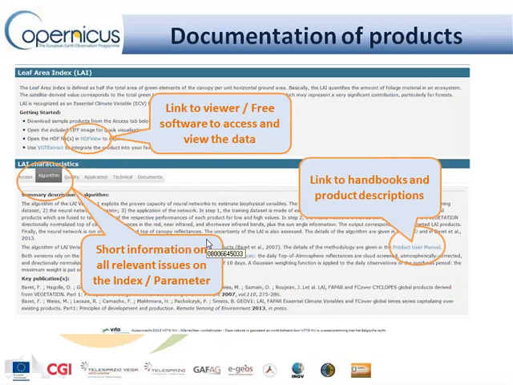You can get information on what is the algorithm behind the index, the parameters, and you have here a link to the handbook and product description where you can find all the details necessary to use this data and this product.